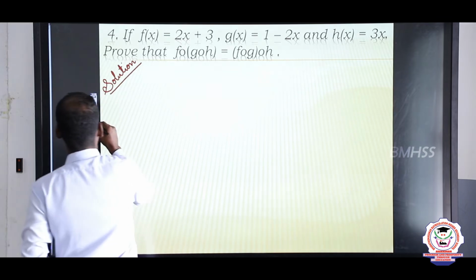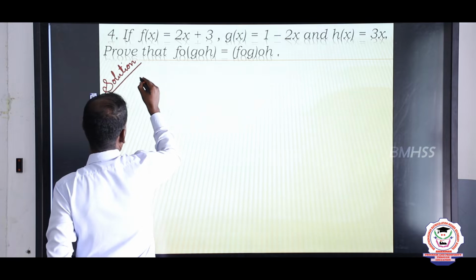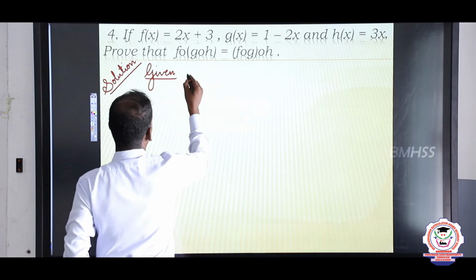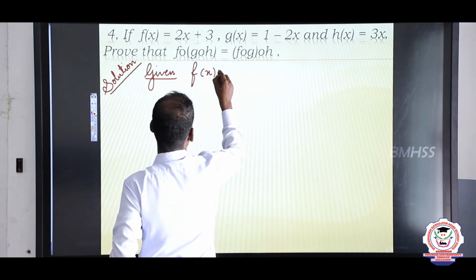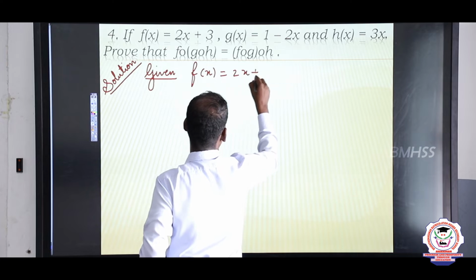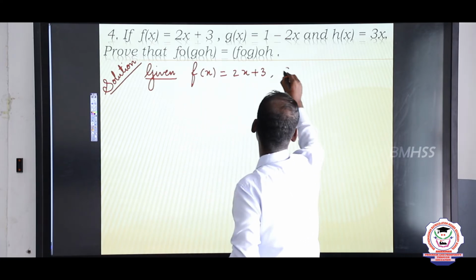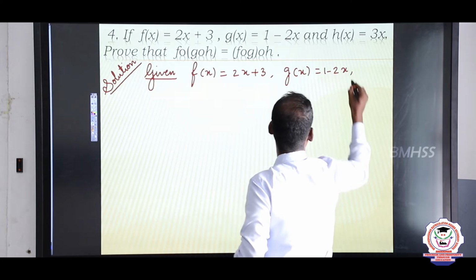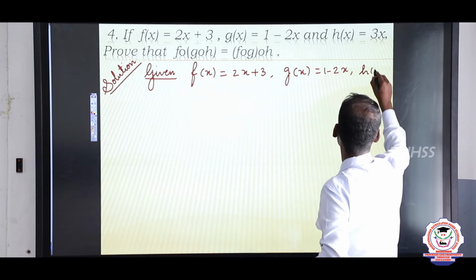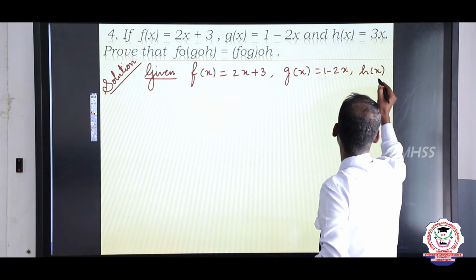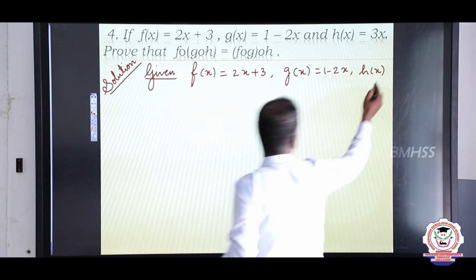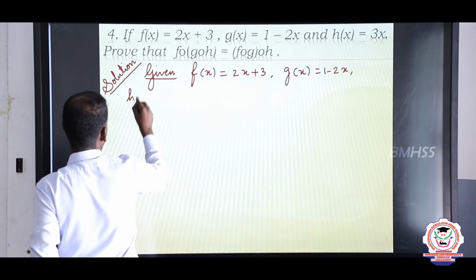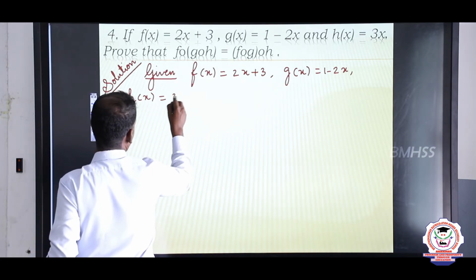So first, the LHS. Given f of x equal to 2x plus 3, then g of x equal to 1 minus 2x, then h of x equal to 3x.